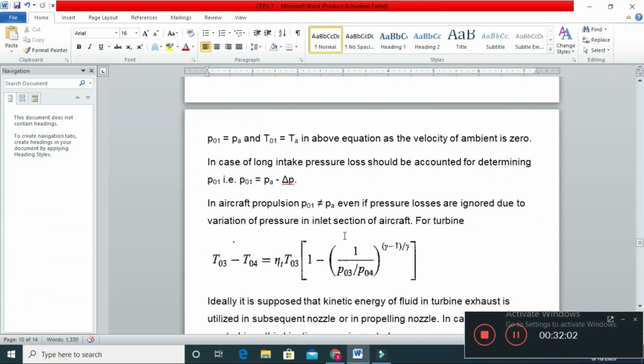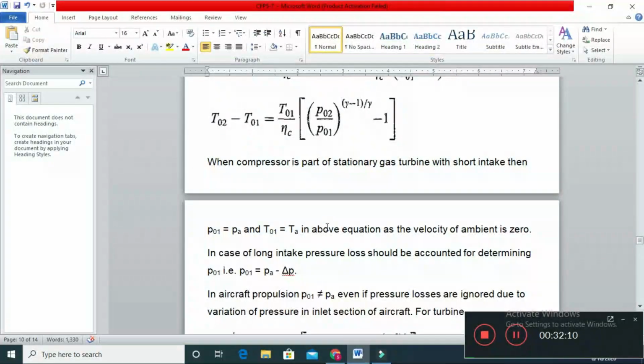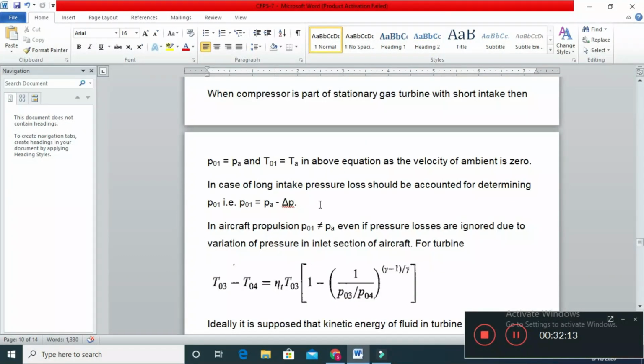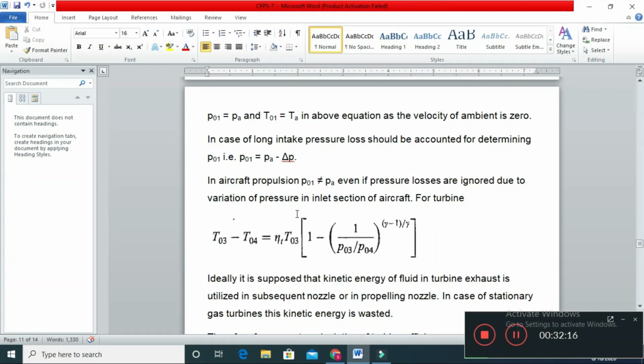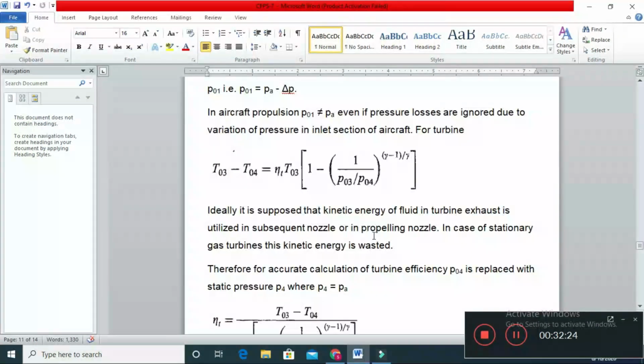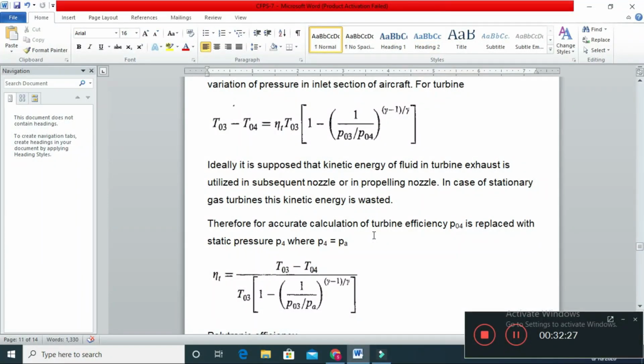In aircraft propulsion, there is some velocity of the incoming fluid. In that case, P01 is not written as PA. Similarly, this is the relation of total temperature drop in terms of the pressure ratio, P03 over P04. In the stationary power plants, the velocity of the fluid at the turbine exhaust is not utilized, it is wasted.